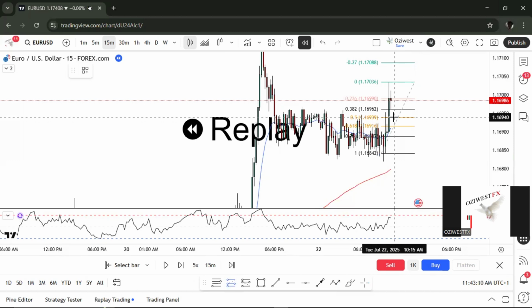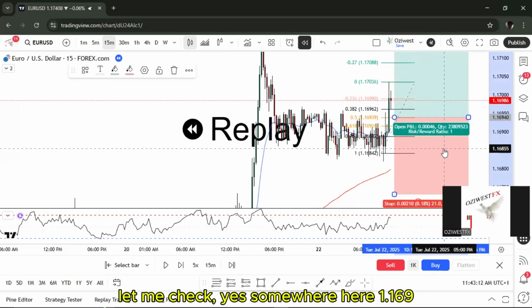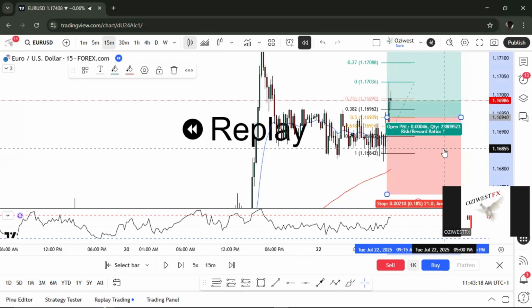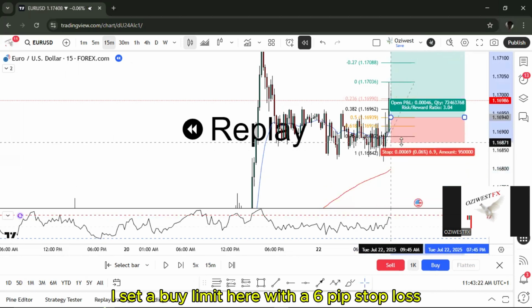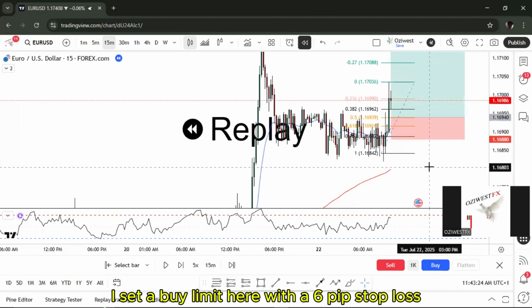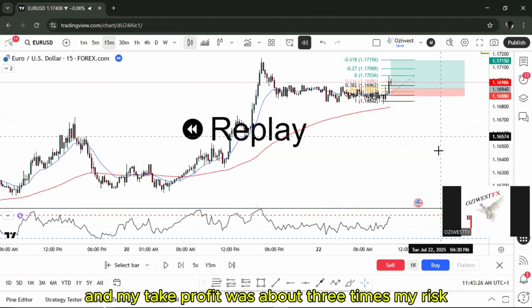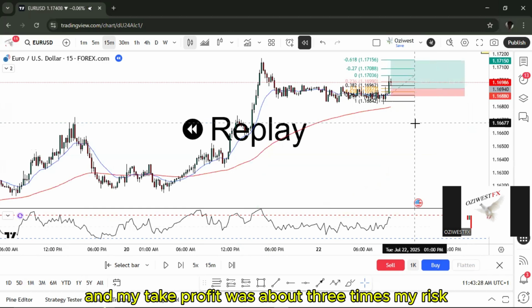So my entry was around, check, yes, somewhere here, 1.16940. Set a buy limit there with a 6 pip stop loss, and my take profit was about 3 times my risk.